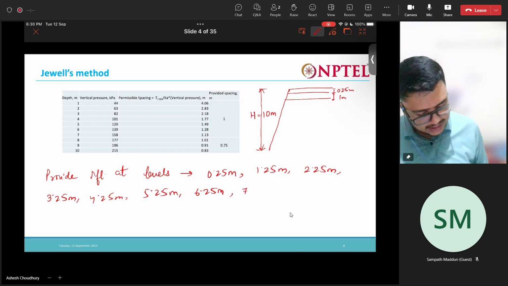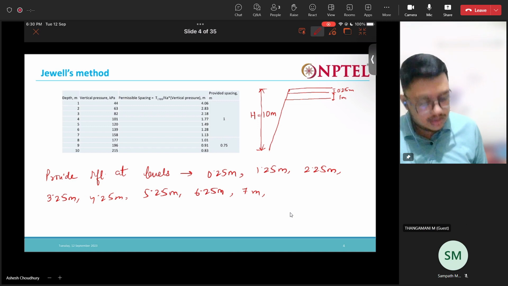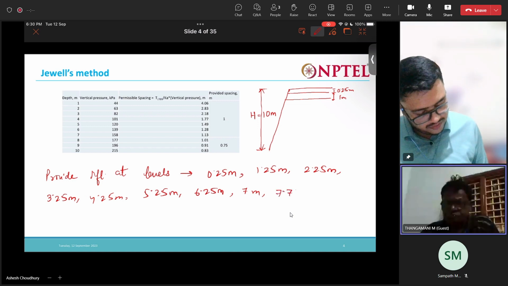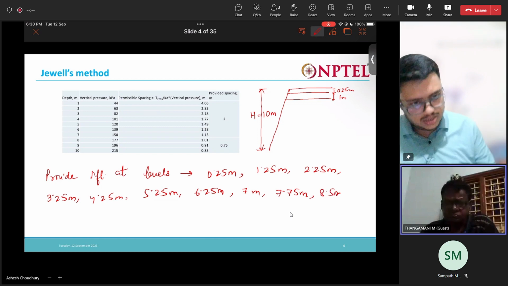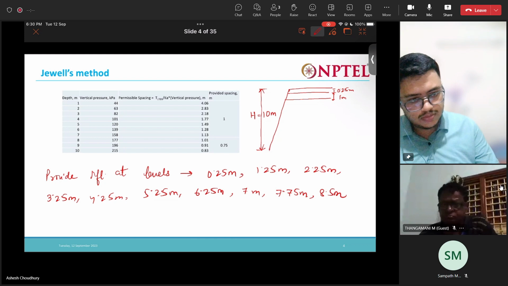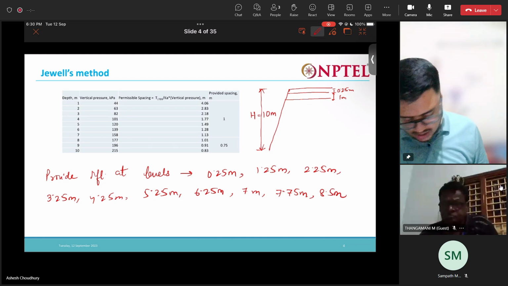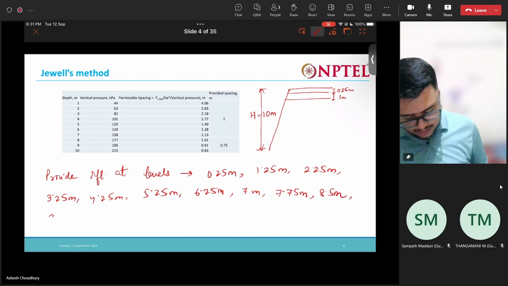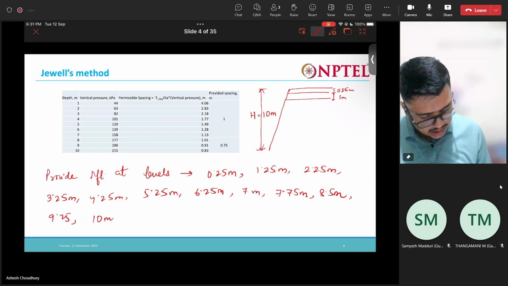Then after that let us change the spacing to 0.75, so it will be 7 meter, then 7.75 meter, then 8.5 meter, then let us provide 9.25 meter, and lastly at 10 meter.